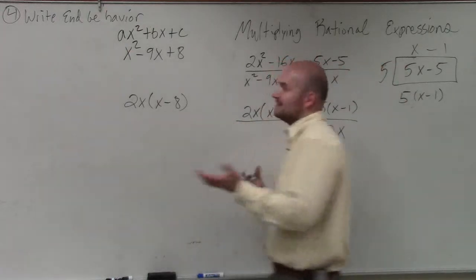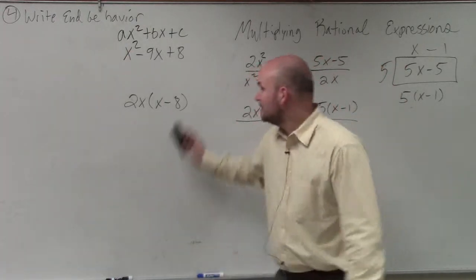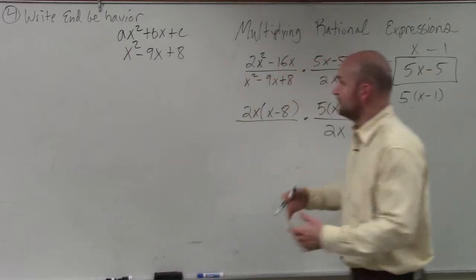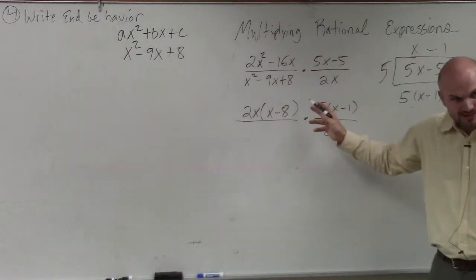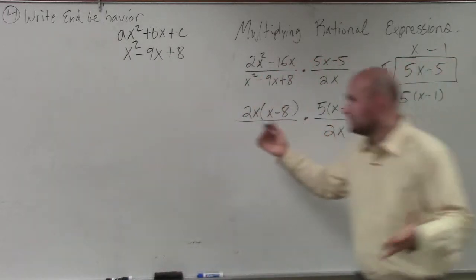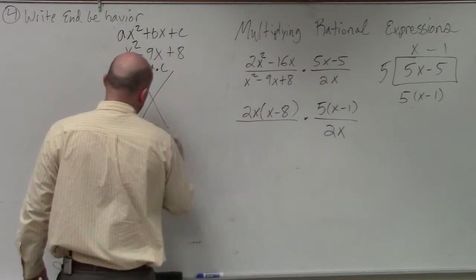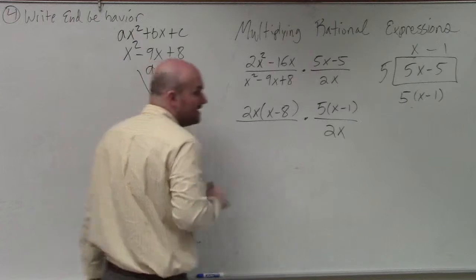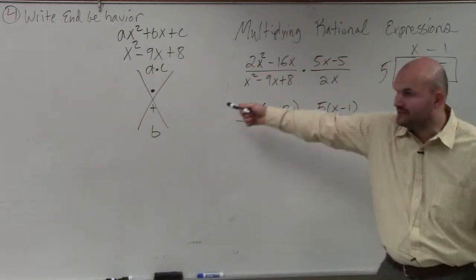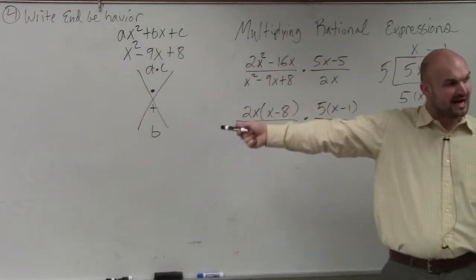So the main important thing, guys, when you're factoring a trinomial, which you guys should be familiar with. So here's my trinomial, correct? When we're factoring all trinomials, it's all the same stuff. A times C over B. Multiply, add. In your notes, you should have multiple of these because I've done this multiple times in this class.